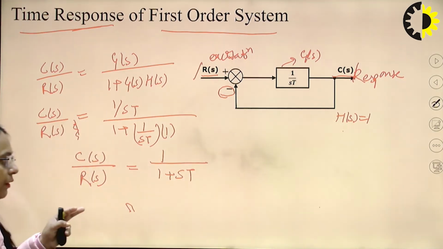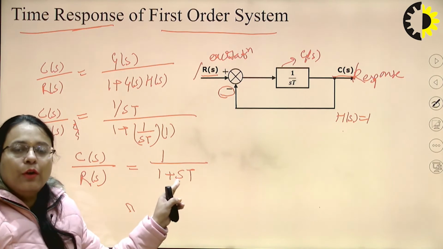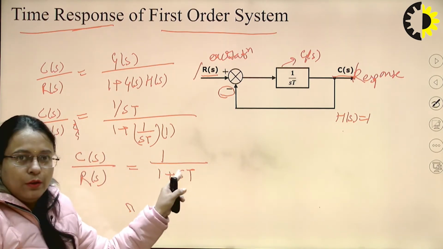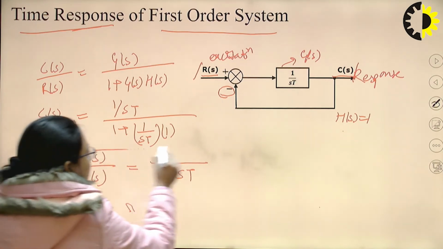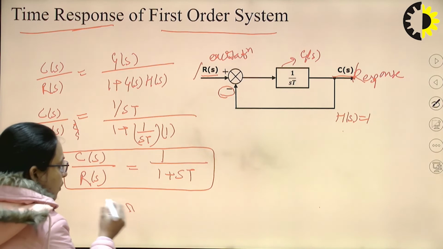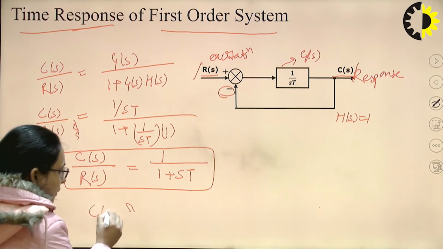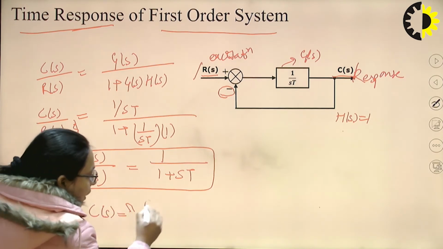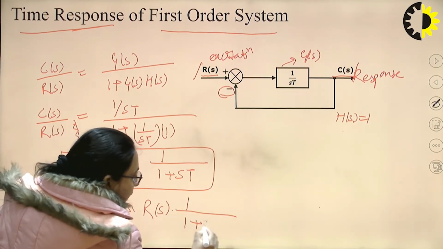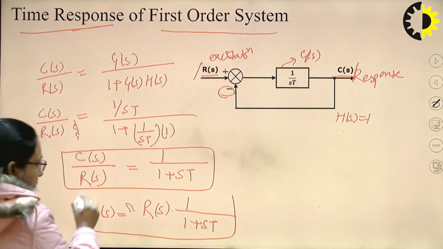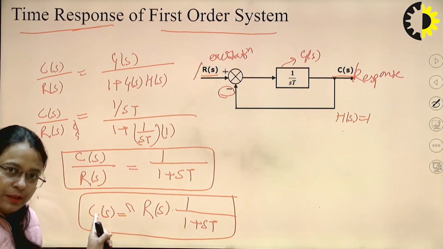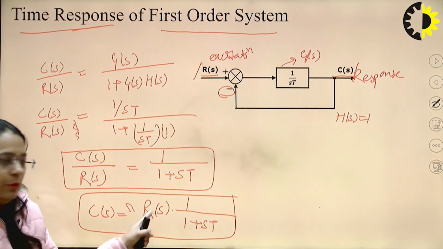Here you can see the highest power of s in the denominator of the transfer function is 1. So this is called the transfer function of a first order system. The response of the first order system will be C(s) equal to R(s) into 1 upon 1 plus sT.